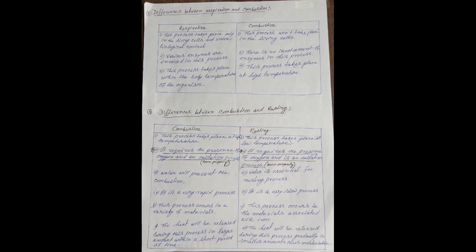Next, the difference between combustion and rusting. Combustion, this process takes place at high temperature. Rusting, this process takes place at low temperature. The second point is the same property of combustion and rusting. Combustion requires the presence of oxygen and is an oxidation process.